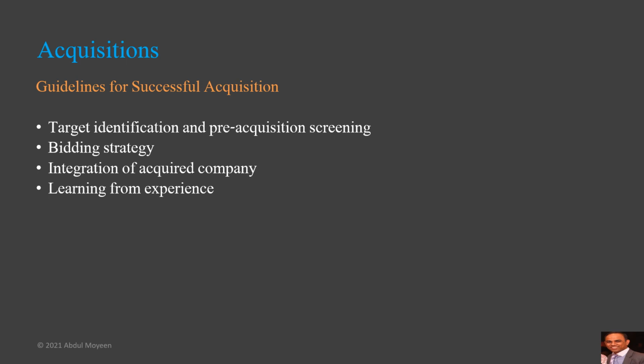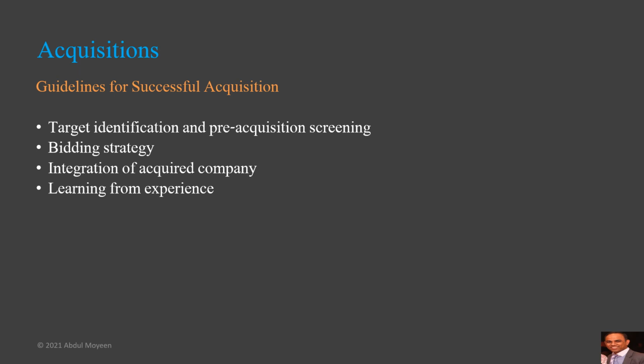Another essential element of a good bidding strategy is timing. With good timing, a company can make a bargain purchase. Third is integration. Despite good screening and bidding, an acquisition will fail unless the acquiring company possesses the essential organizational design skills needed to integrate the acquired company into its operation and quickly develop a viable multi-business model.